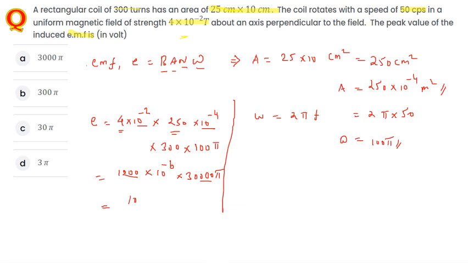So 10 power 6 into 10 power minus 6 cancels, and what you have is 30π volt, that is the EMF.